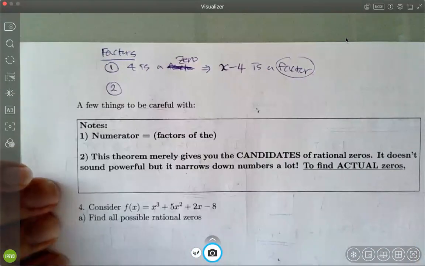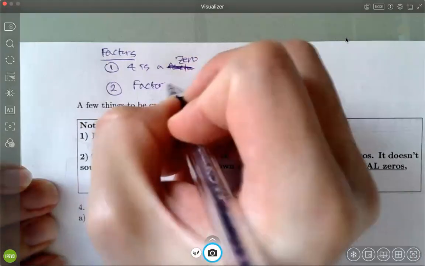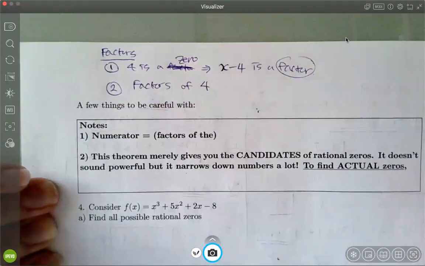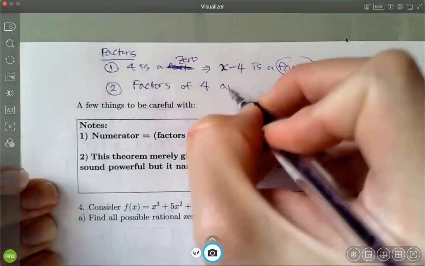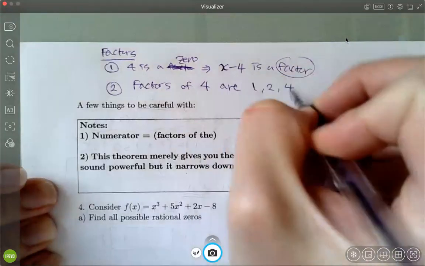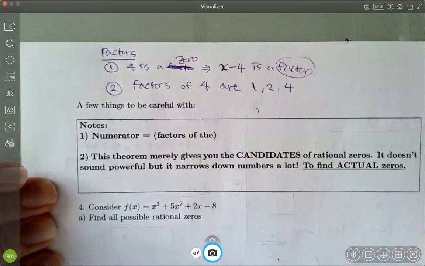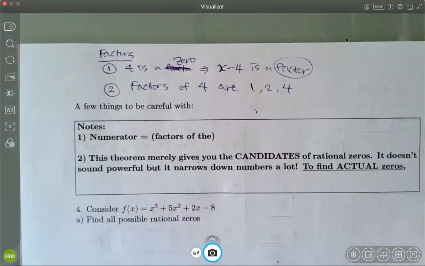For example, what are the factors of 4? The factors of 4 are 1, 2, and 4, right? That's the factor that you have seen before.